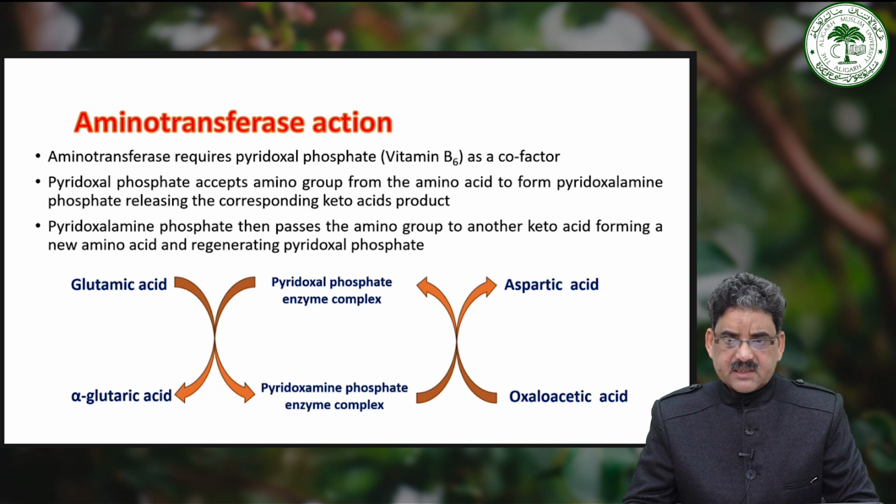In a characteristic ping pong reaction, it receives the amino group from PMP, that is pyridoxamine phosphate, leading to the regeneration of pyridoxal phosphate and the formation of the respective amino acid.